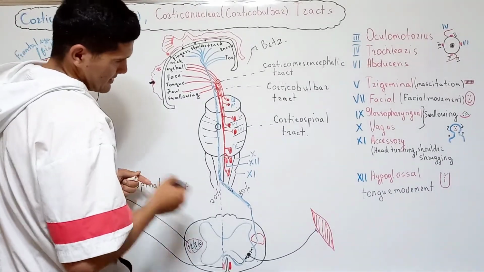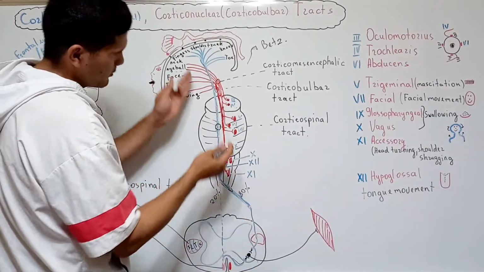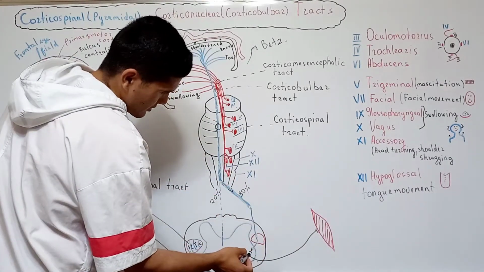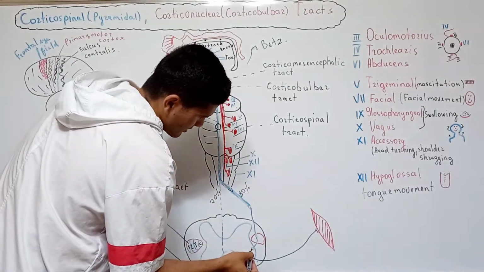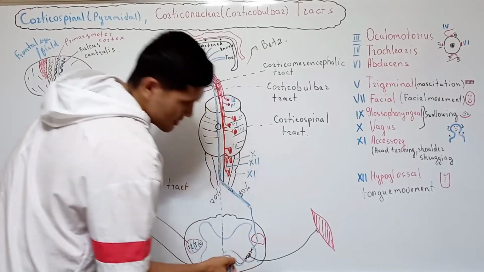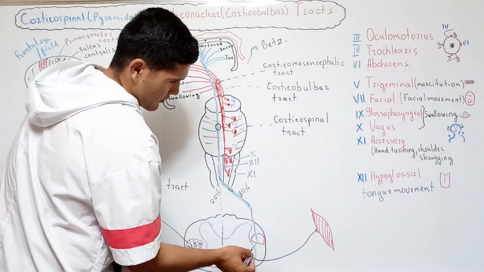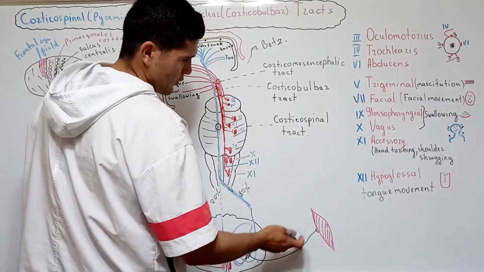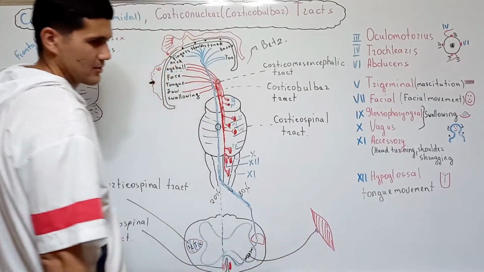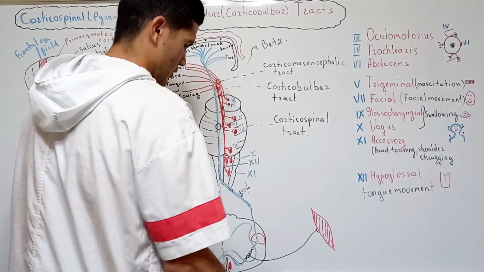When the primary motor neuron axons reach the specific part of the spinal cord, they connect with secondary motor neurons via interneurons. The secondary motor neurons exit from the spinal cord and innervate muscle groups.